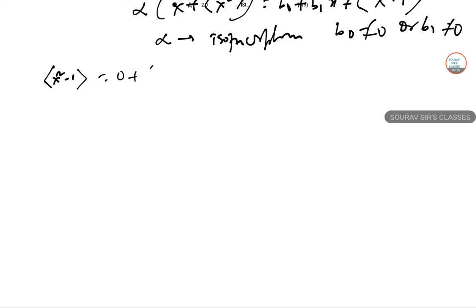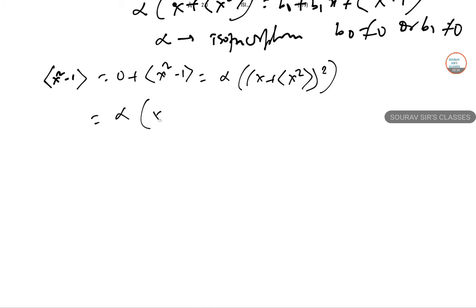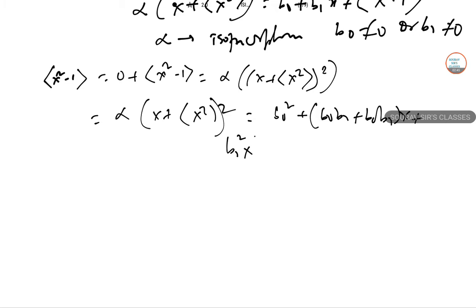So 0 of x² − 1, so this is alpha of x. Okay, so alpha of x plus x², this whole square. So this is b0², b0b1 plus b0b1x, b1x² − 1.